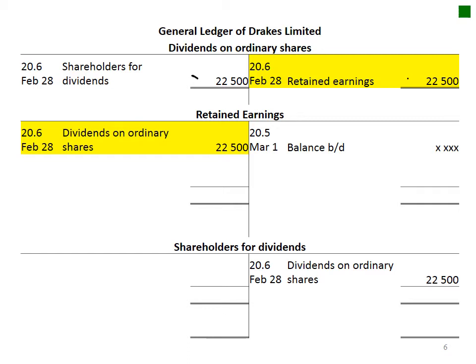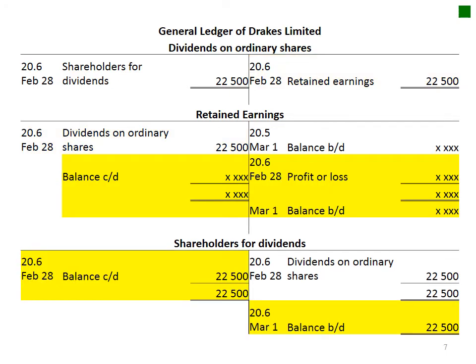So that means this account now has no balance remaining, and we take the debit to retained earnings. Retained earnings would have had an opening balance, and we'll look at the rest of the entries in the retained earnings account, but what's important to realize is that dividends on ordinary shares end up being debited to retained earnings. They're reducing retained earnings.